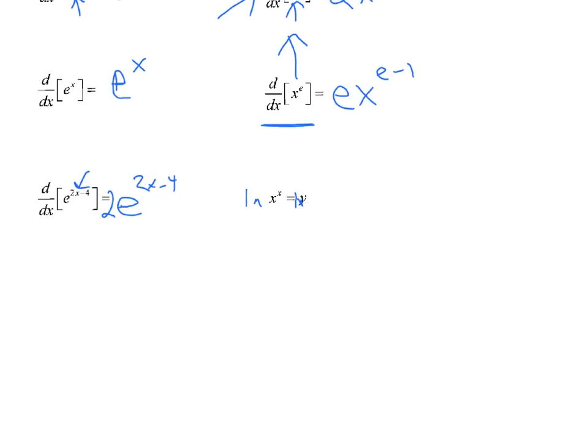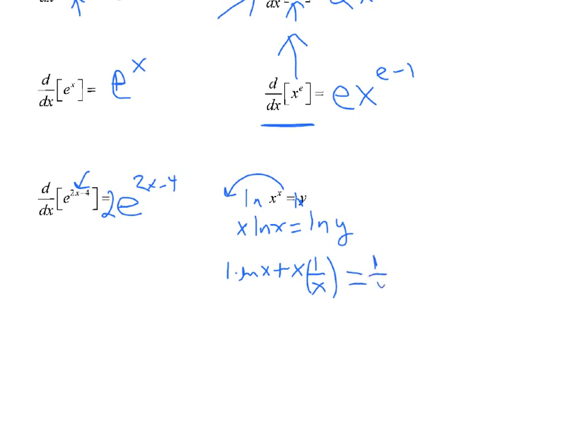And then this side right here is really going to look like x ln x equals ln y, natural log y. You can bring that x down in front, as I did over here. So now if I take the derivative, because now I can, I get 1 times ln x, because I got to use the product rule, plus x times 1 over x. Those are going to cancel to be 1, by the way.